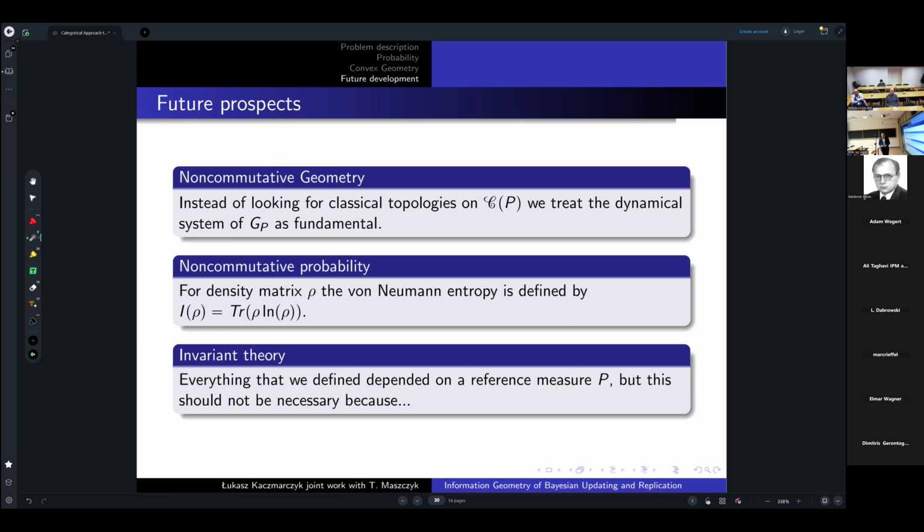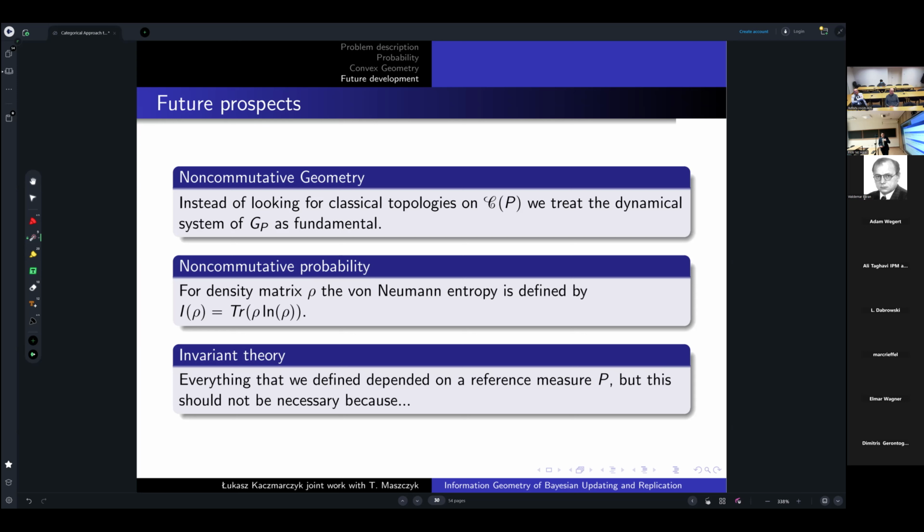We made a few steps along this line. For example, the probabilistic group can be defined without choosing the reference measure.